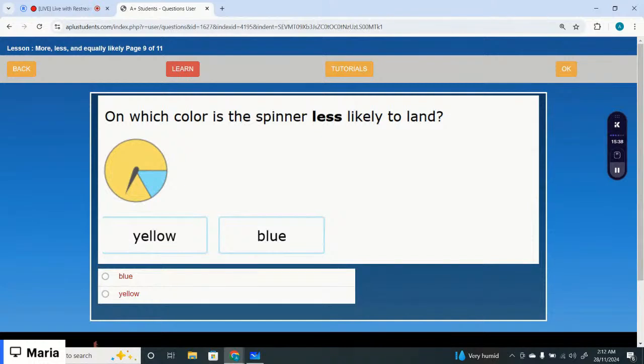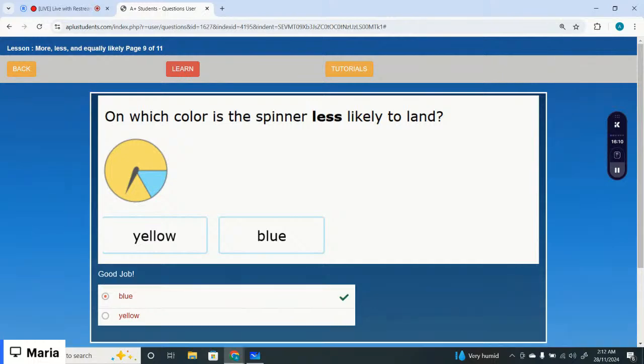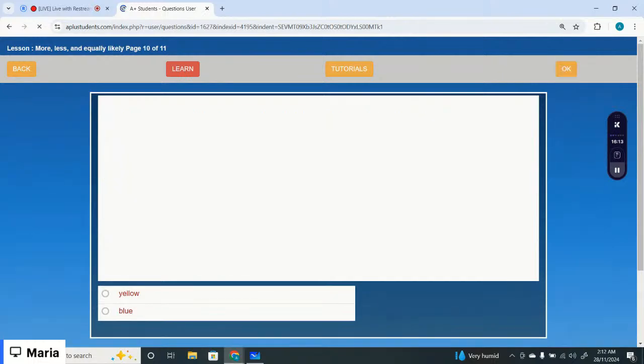On which color is the spinner less likely to land? Which is the correct option? It will be less likely to land on blue. Option number 1 is the correct option.